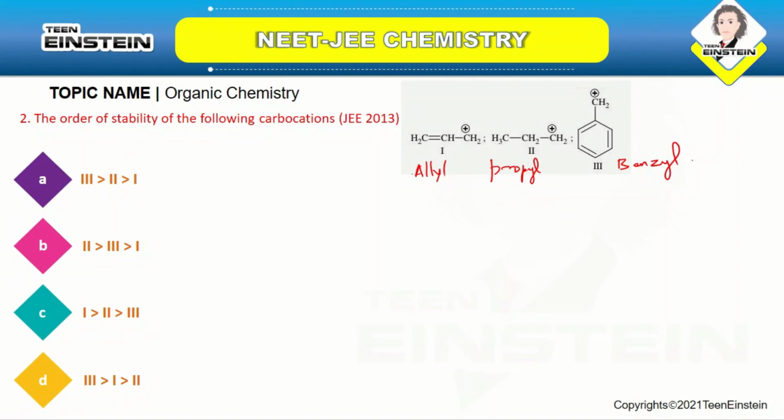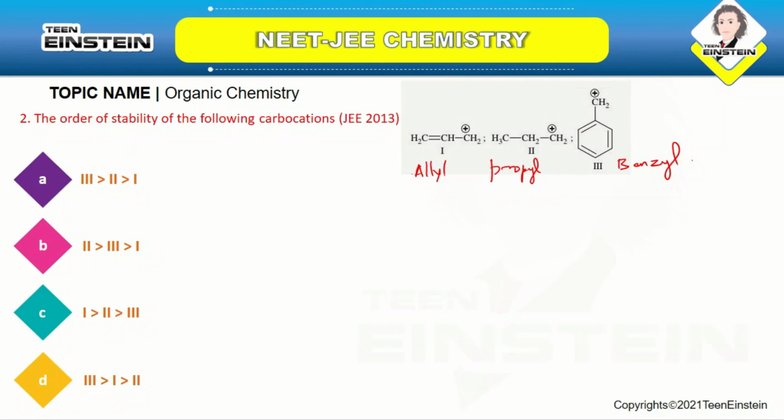As the question is asking about the stability of the given carbocations, we will first check which structure shows more resonating structures. We know that more resonating structures means the cation is more stable. Hyperconjugation also stabilizes carbocations, but its effect on stability is less considerable than resonating structures.